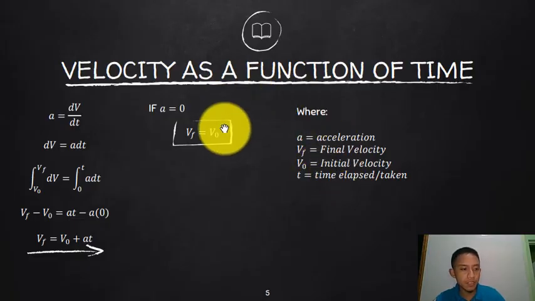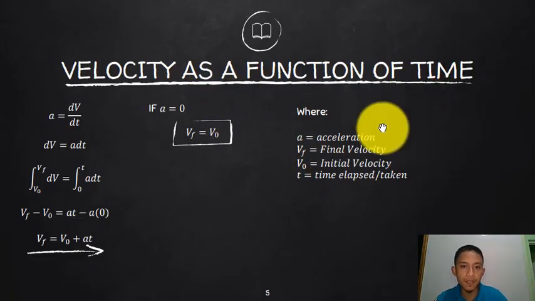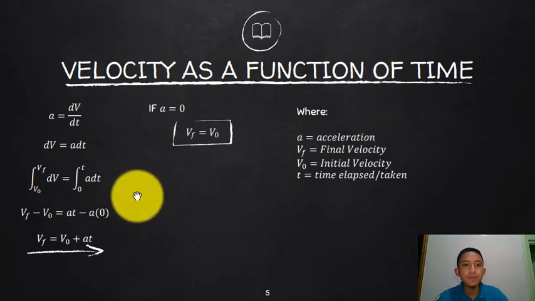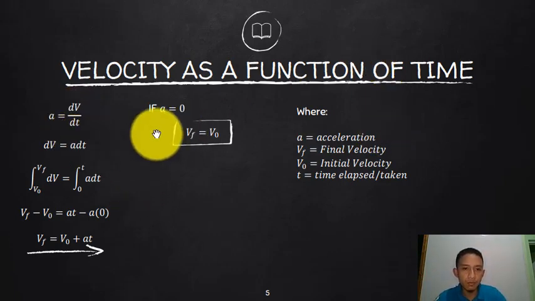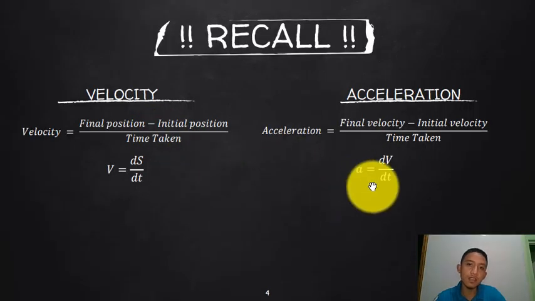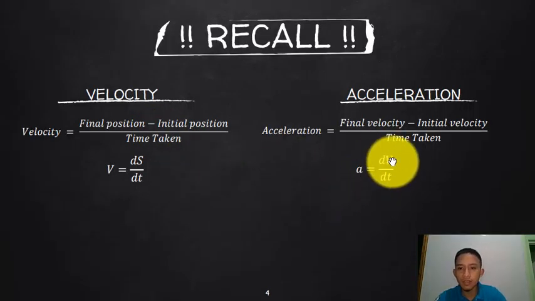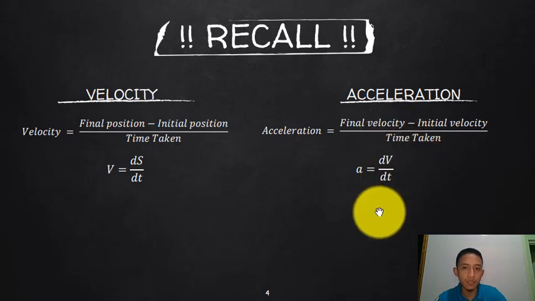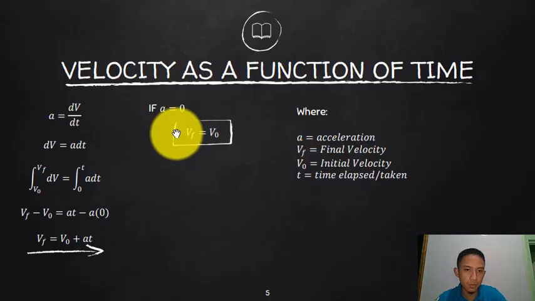First is velocity as a function of time. If you say velocity as a function of time, we will be solving the relationship of time and velocity, wherein we will try to express velocity in terms of an equation of time. We will start here using acceleration equals the derivative of velocity with respect to time, a = dv/dt.